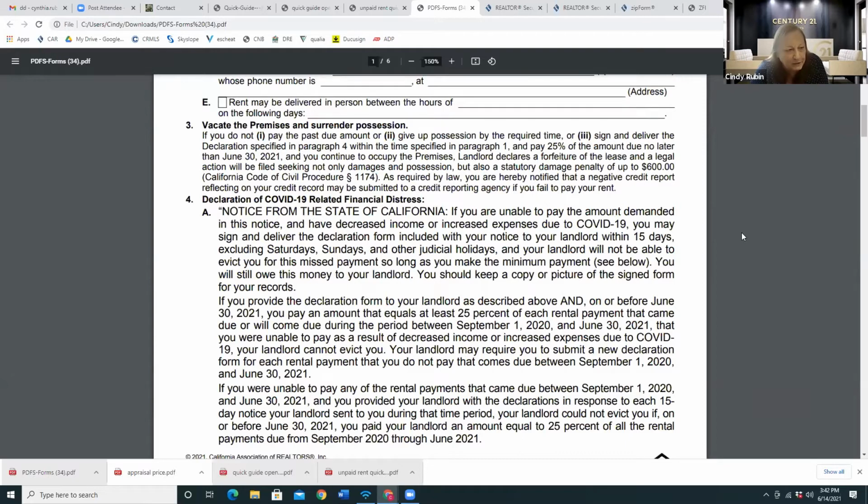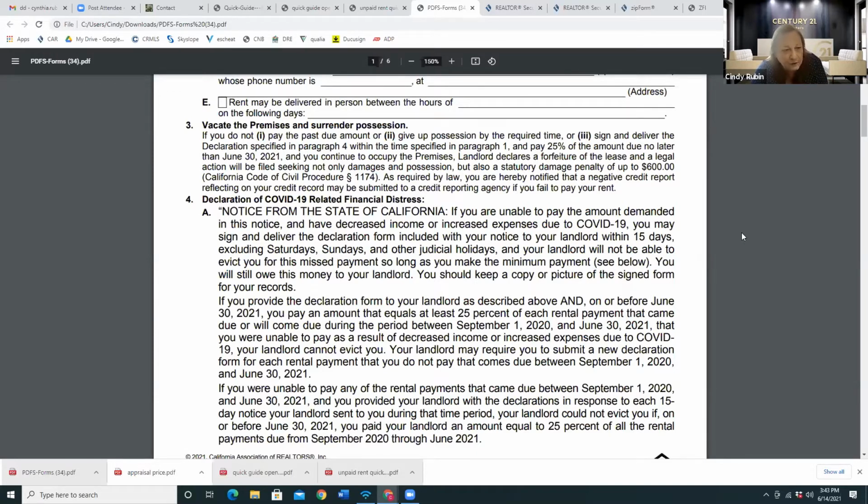if you give the COVID declaration and pay the 25%. If you provide the declaration to your landlord as described above and on or before June 30th, you pay an amount that equals 25% of each rental payment that came due or that will become due during the period between September 1st and June 30th that you were unable to pay as a result of decreased income or increased expenses, your landlord cannot evict you.